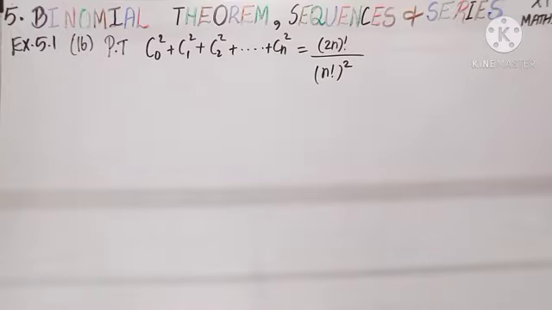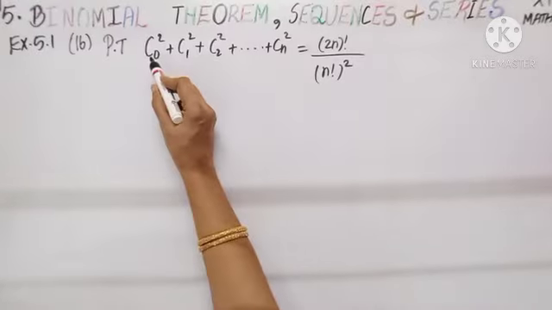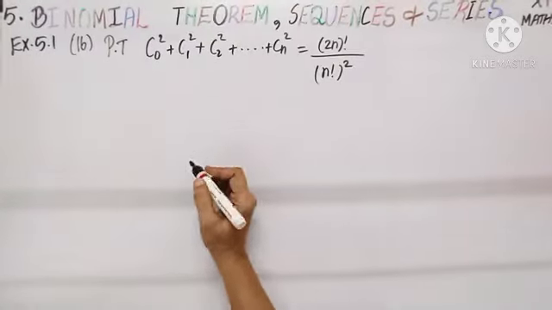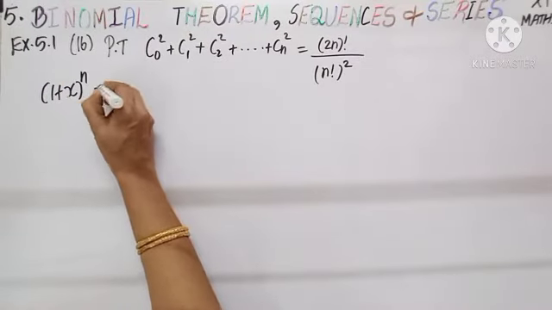Question number 16. C0 square plus C1 square plus C2 square and so on up to Cn square equals 2n factorial by n factorial the whole square. When I look at this combination coefficients, remember the expansion 1 plus x power n.